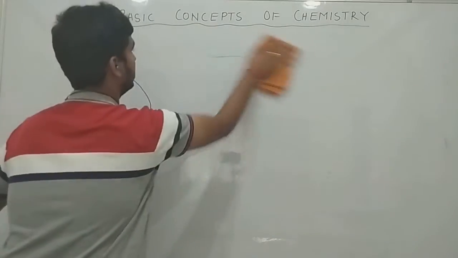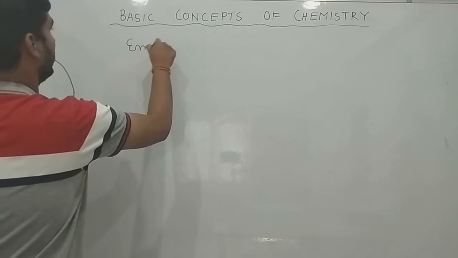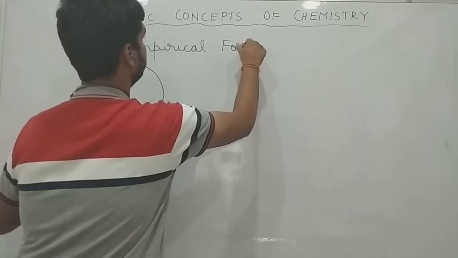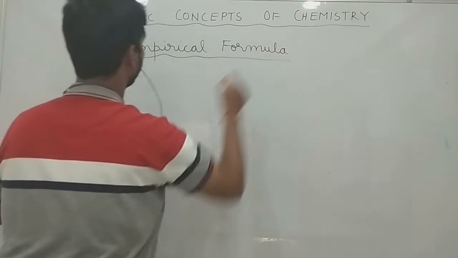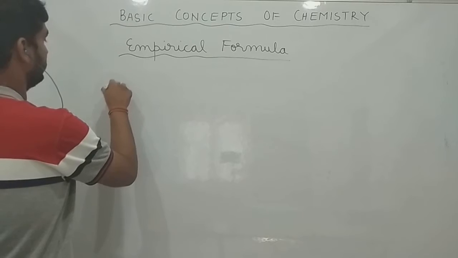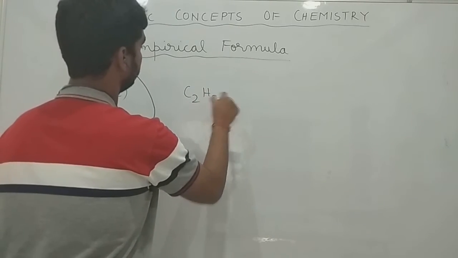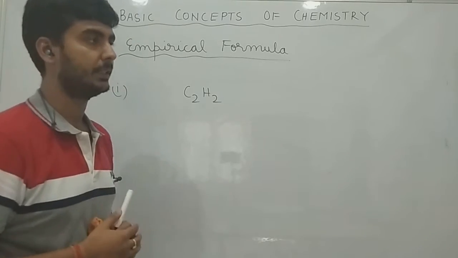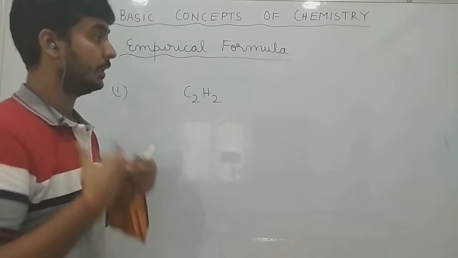Let me rub this. I'll use the entire board. Empirical formula. For example, C2H2. It is a compound we will discuss in organic chemistry. Let us take a compound or a substance C2H2.